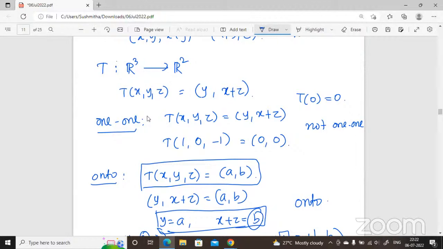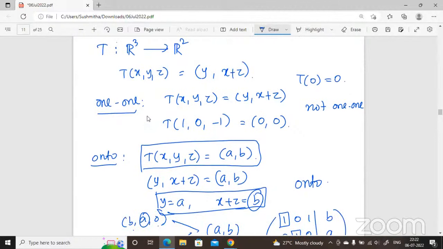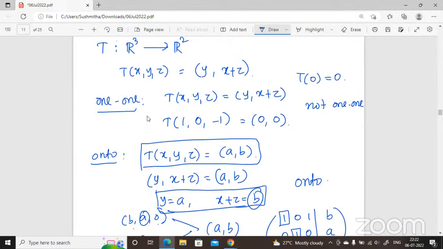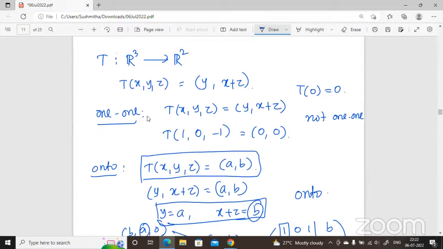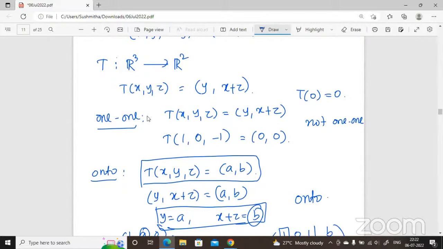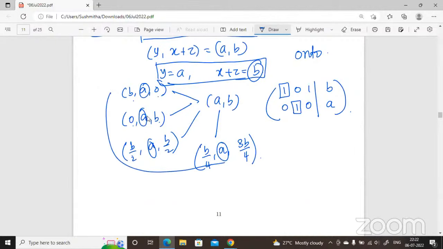That means for one-to-one, the pre-image of the zero vector should be unique. In the onto case, every vector should have a pre-image, or it may have multiple pre-images. Like here, multiple pre-images.